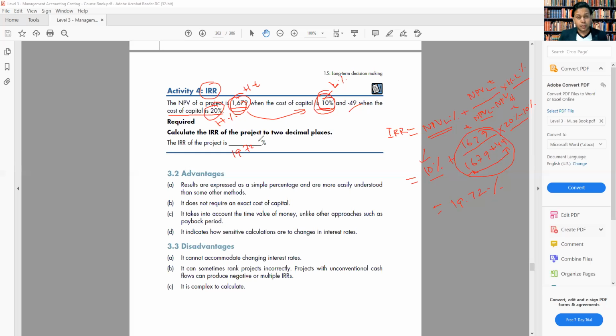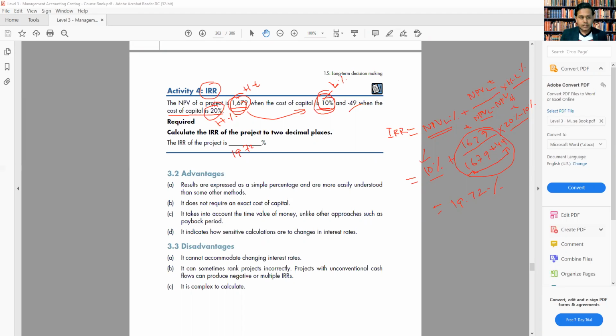So make sure you remember all the formulas, especially for the CVP, that is for short-term decision making. For example, break-even, target profit, margin of safety, CS ratio. All of these formulas have to be in your head. On the other hand, this IRR formula, NPV, payback have to be in your head as well, because from this chapter you can expect at least 10 to 15 marks in the exam. Chapters 14 and 15 will give you at least 10 to 15 marks.